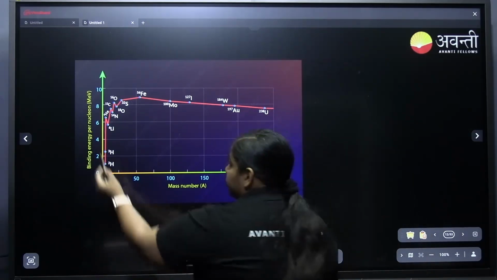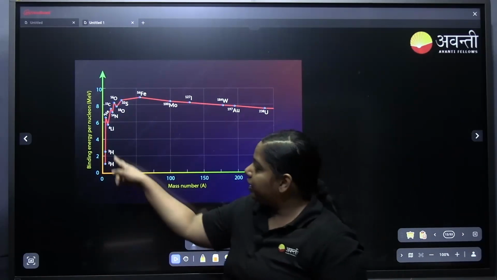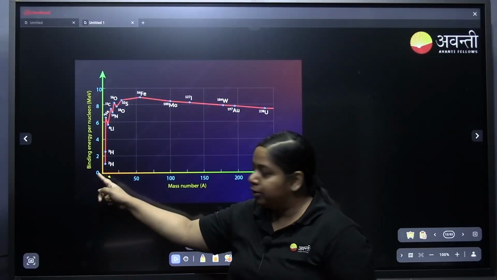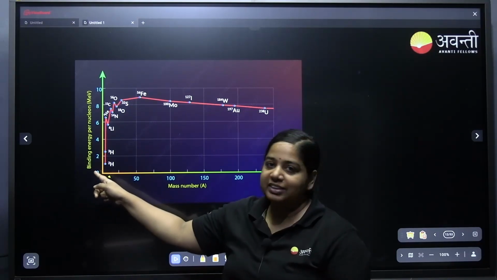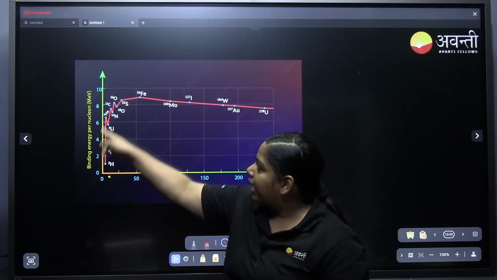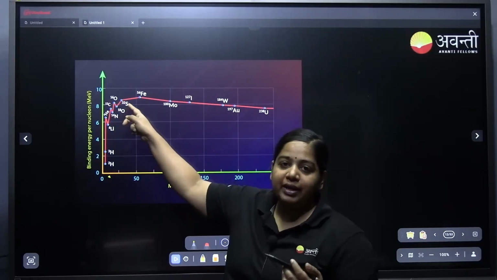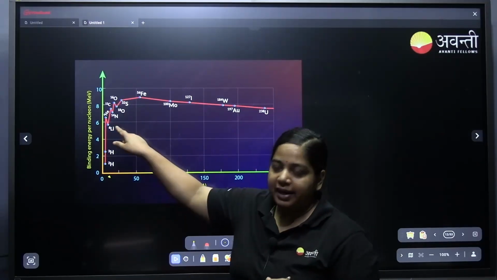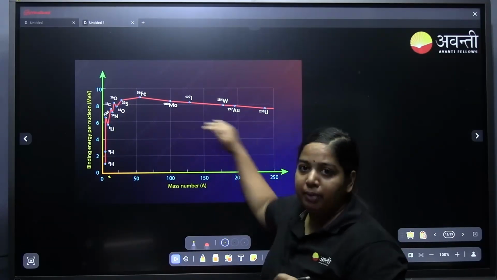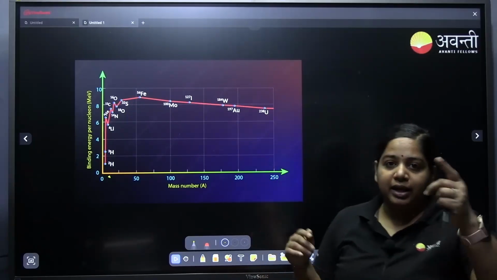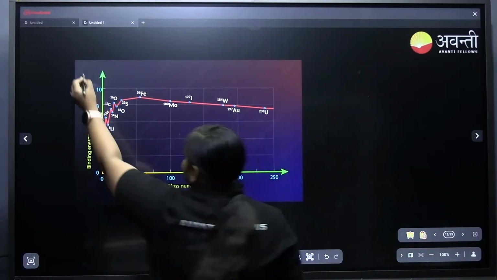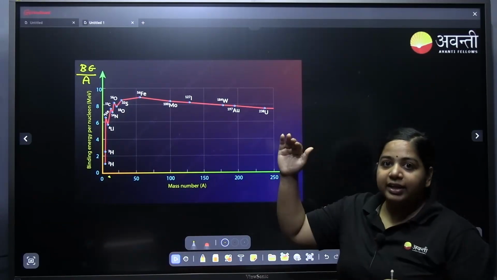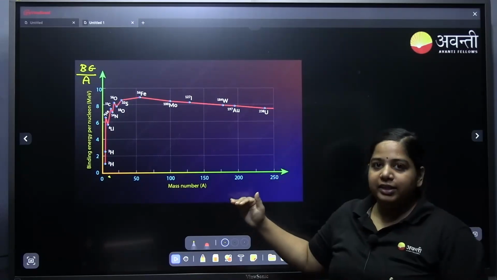Okay. So here you can see that when mass number is less, the value will be small, because binding energy is small in this part. And when you come to the top, what is happening? It is stabilizing. Okay, it is getting to a stable value. And when you go into higher mass numbers, then what is happening? We are plotting BE by A, right? Here it is binding energy by A. So A increasing, again the value will decrease, right?